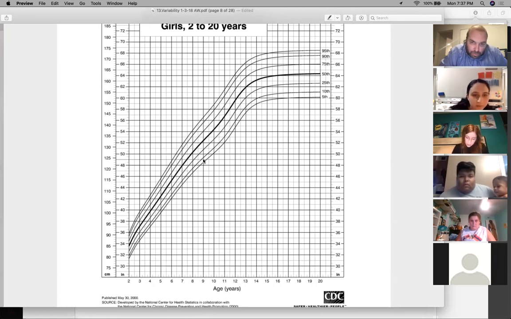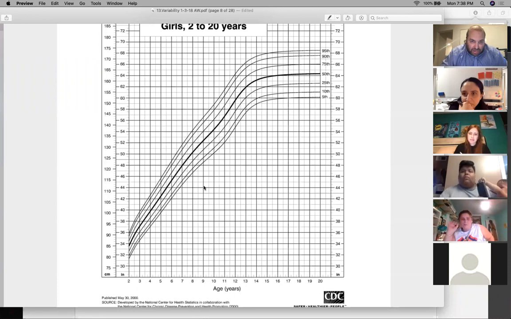Not quite the 10th, maybe the 9th or 8th percentile. Wait, I'm confused. How can you tell? Because she's between these two curves, correct? If you follow these curves to the end, that curve is the 10th percentile curve, and this curve is the 5th percentile curve.